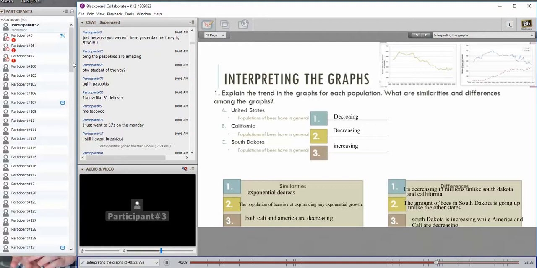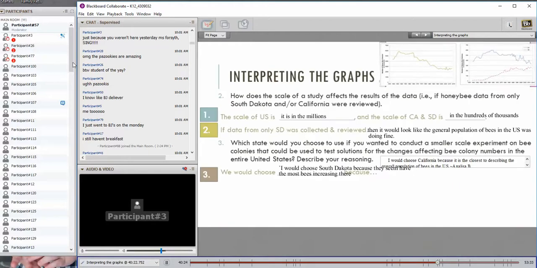And we put different things for which states you would choose to conduct a smaller scale experiment of bee colonies that could be used to test solutions for the changes affecting the bee colony numbers in the United States. I said that I would choose California because it's the closest thing to describing the overall population of bees in the United States. And I think Elena put I would choose South Dakota because they seem to have the most increase in bees there.